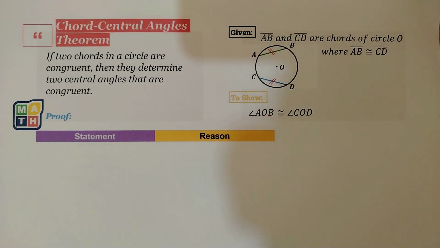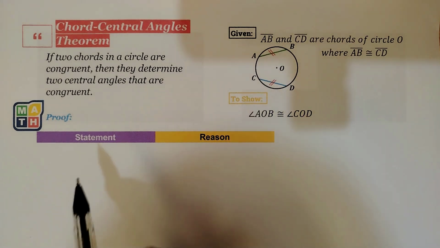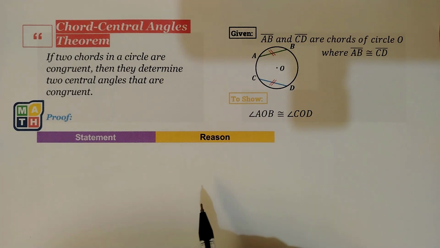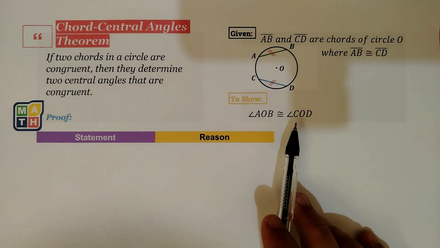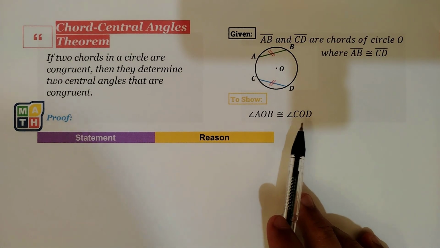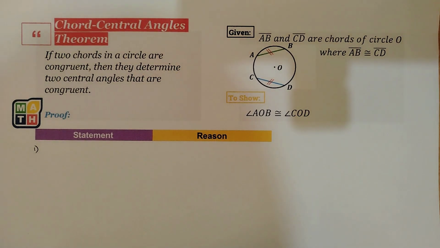In order for us to do this, let's have here the two-column proof for statement and for reason, and let's hope that from here we reach this statement, the goal of this video. Let's start, of course, by placing what is the given.